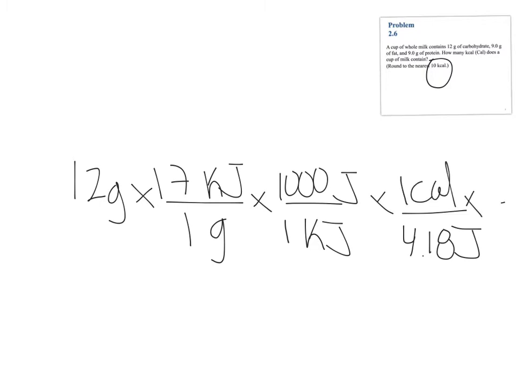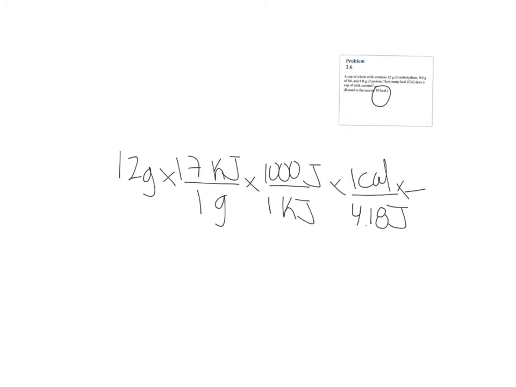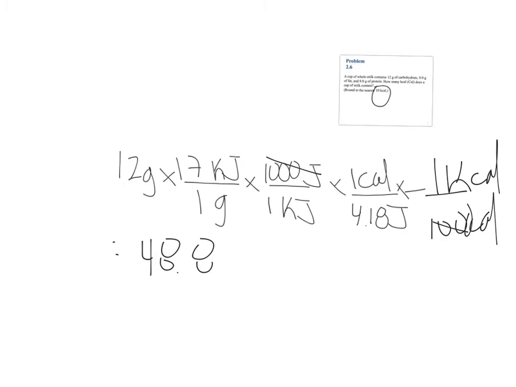And then we need to go to kilocalories, which is 1,000 calories equals 1 kilocalorie. The 1,000 with 1,000 cancel out. So the answer for this part is 48.8 kilocalories.